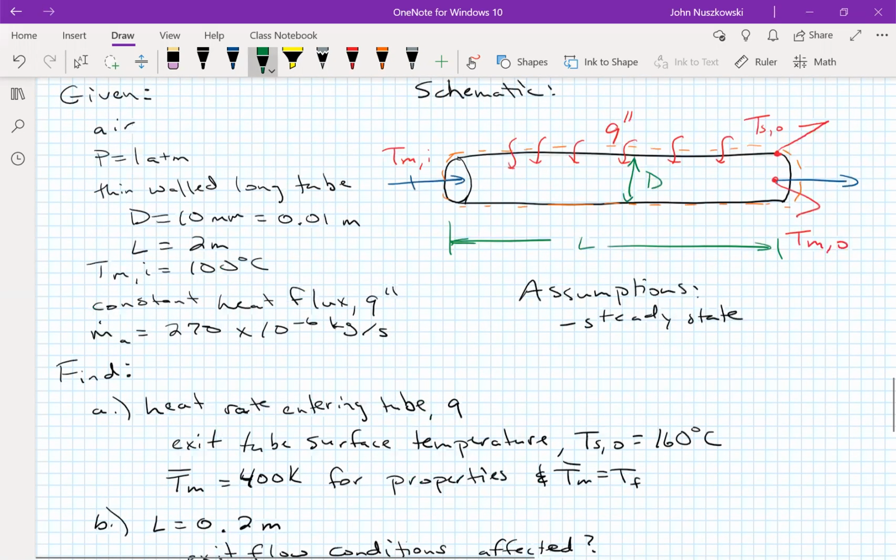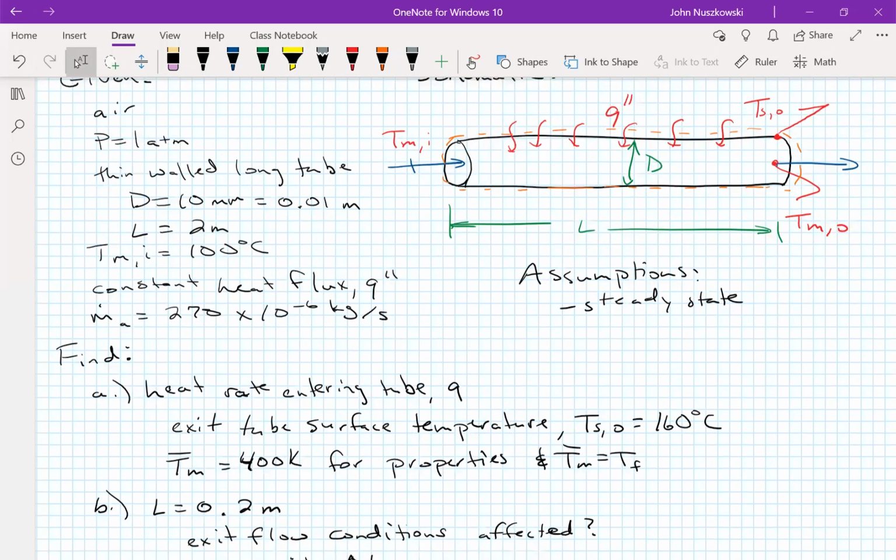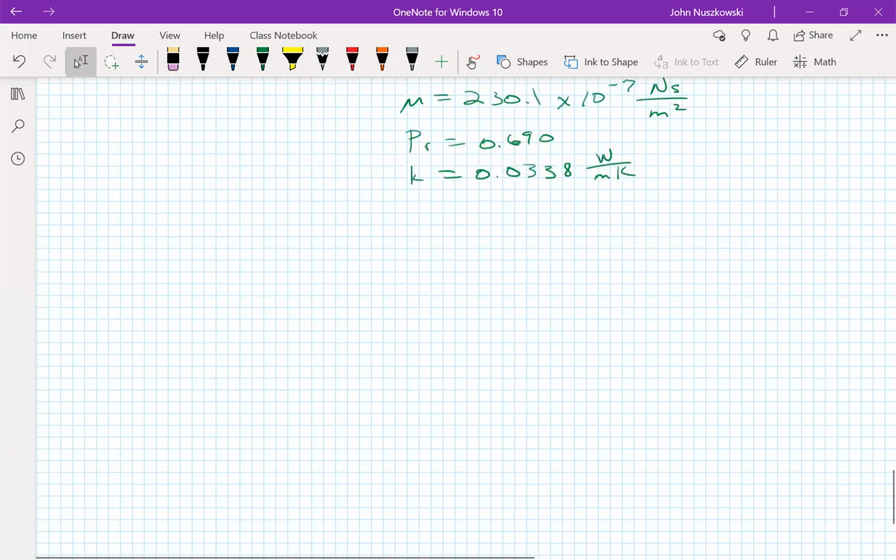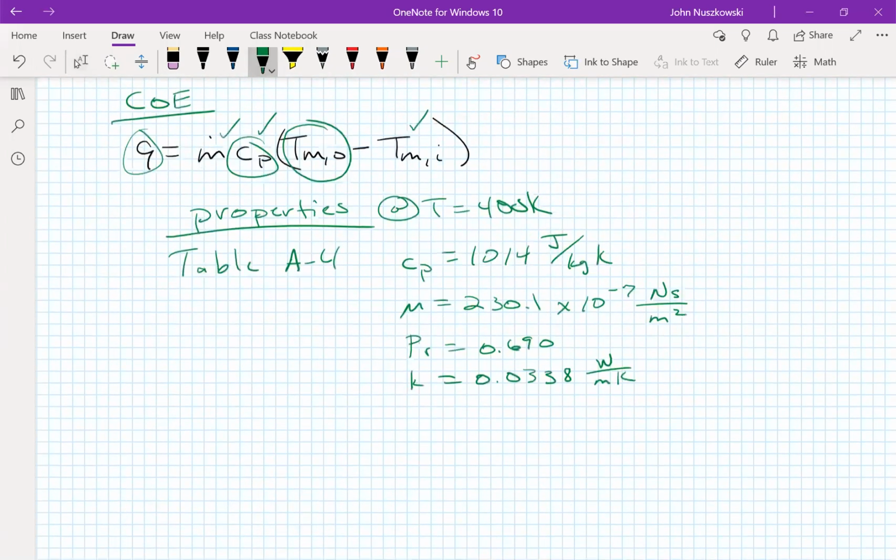Yeah, so we have this uniform surface heat flux. We're not even going to grab an equation for that, because it's simple enough that we can figure it out.